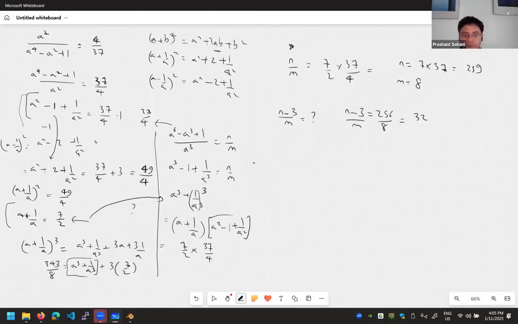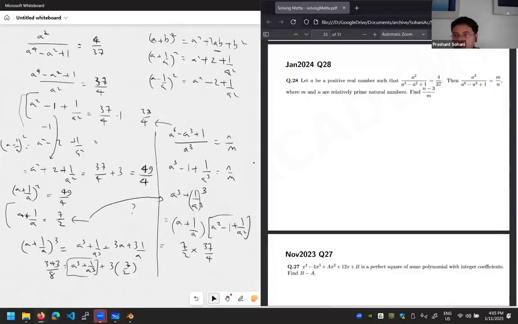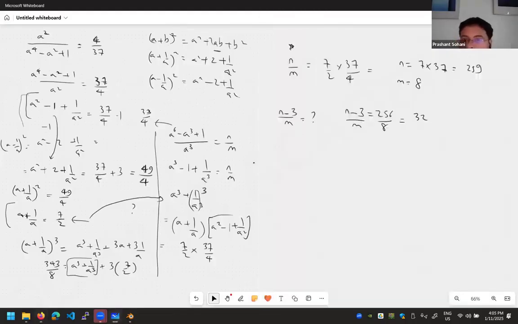Can you just check if I made some mistake somewhere? Because I'm supposed to get the answer as 31, not 32. Maybe somewhere there is some calculation mistake.